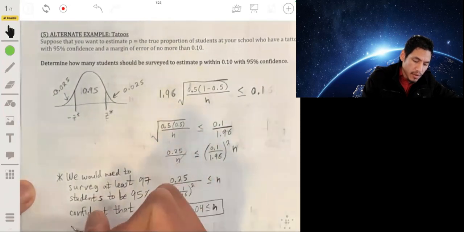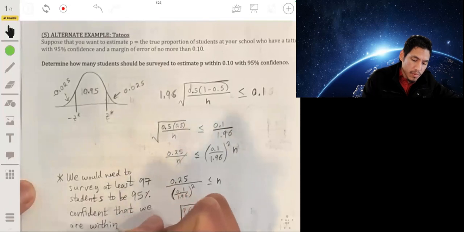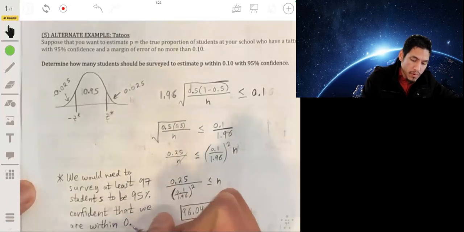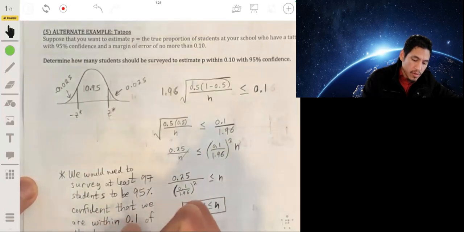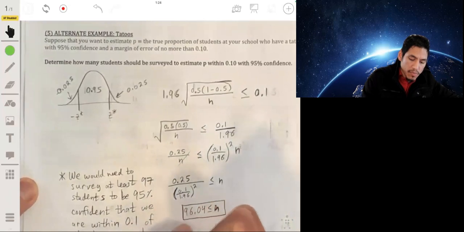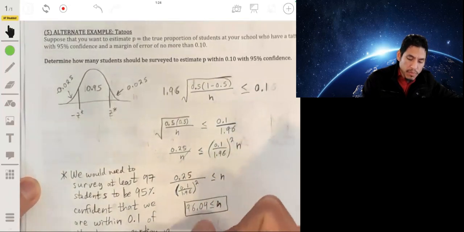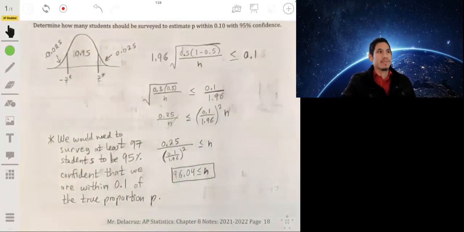Proportion p is students who have tattoos at your school.